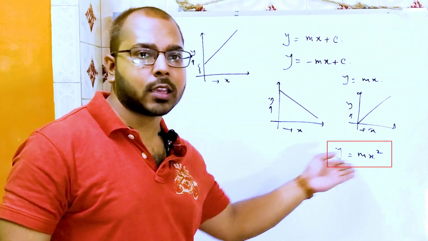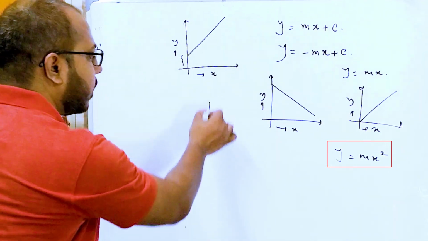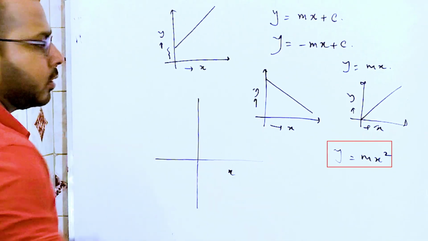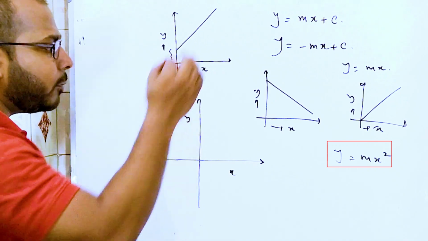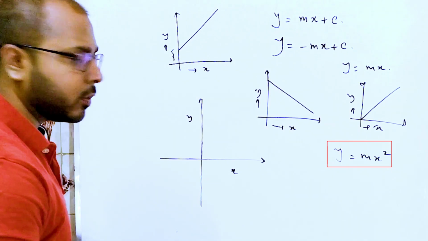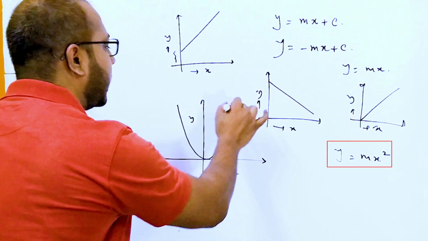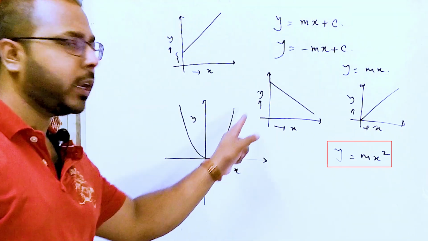So this is x, this is y, and the parabolic nature would be like that.